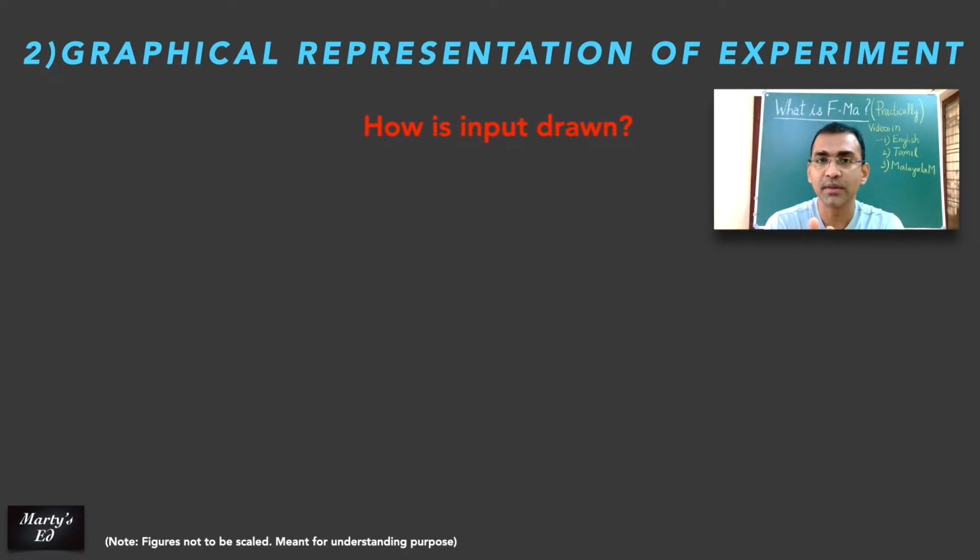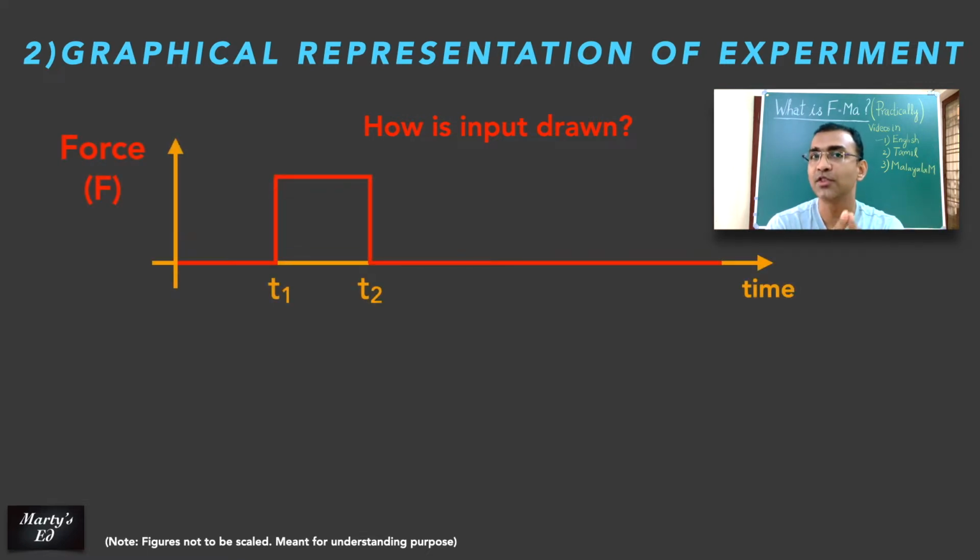Initially, you're going to draw the input function, force. You know that till time t1 there is no force, so the force is zero. For a small interval t1 to t2, you are giving a force. And at t2, you are taking your hand out, so the force goes to zero. This is the input function, force, on the time axis.